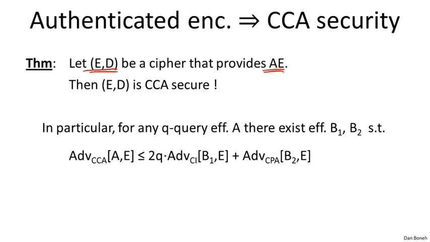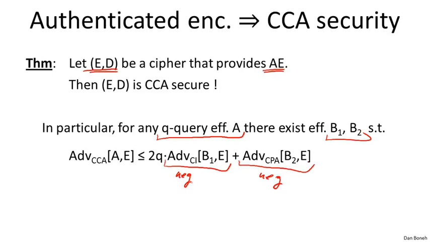And more precisely, the theorem says the following: if we have an adversary that issues Q queries, in other words, at most Q CPA queries and Q chosen ciphertext queries, then there are two efficient adversaries, B1 and B2, that satisfy this inequality here. So since the scheme has authenticated encryption, we know that this quantity is negligible because it's CPA secure, and we know that this quantity is negligible because the encryption scheme has ciphertext integrity.